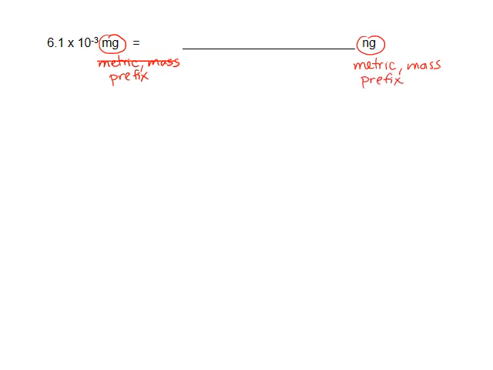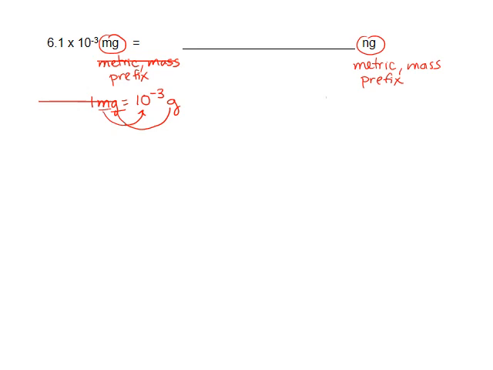Since this is a metric to metric conversion, again we need to know the definitions of each of the prefixes. We can always write the definitions for the prefixes back to the base unit. So in this case we have 1 milligram is equal to, milli means 10 to the minus 3, 10 to the minus 3 what? In this case, 10 to the minus 3 grams.